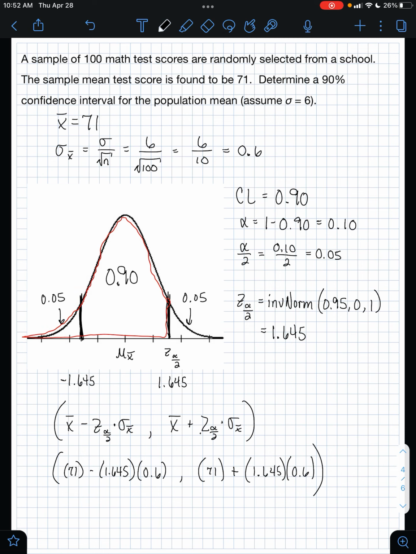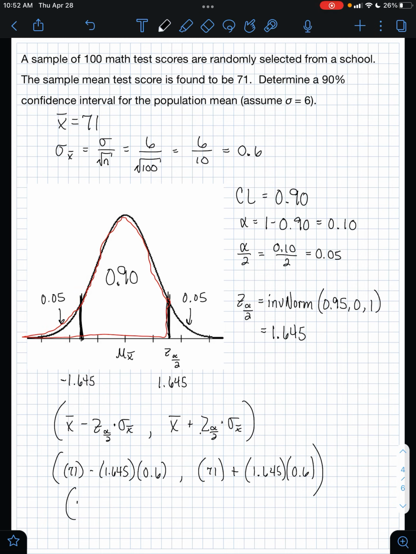Calculators are our friend here, because obviously our z-scores are going to be kind of ugly. Our sigma sub x bar is usually going to be kind of ugly too. Even if it's not ugly, it's 0.6, not a particularly nice thing.